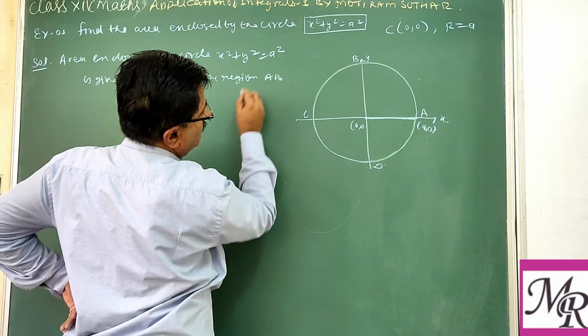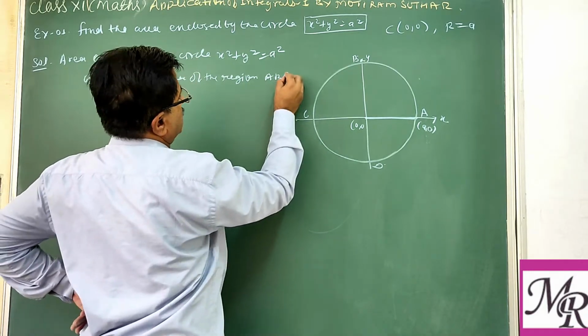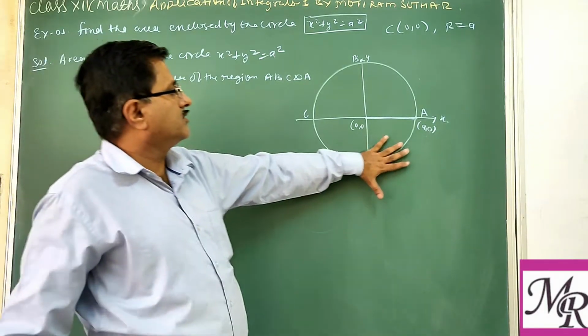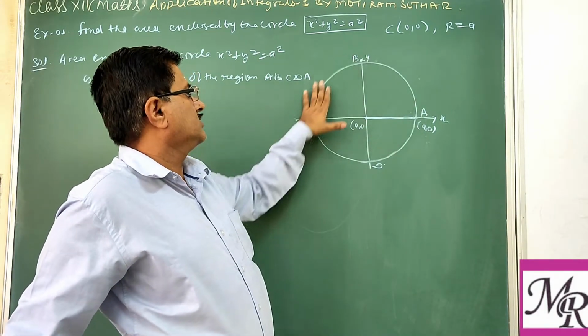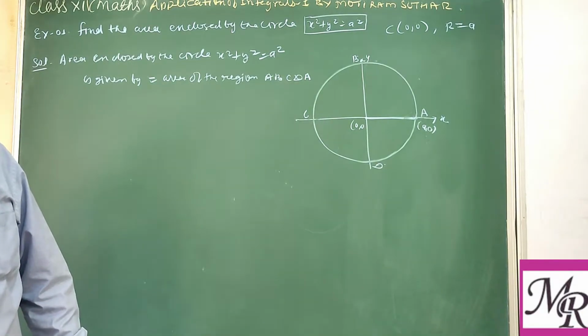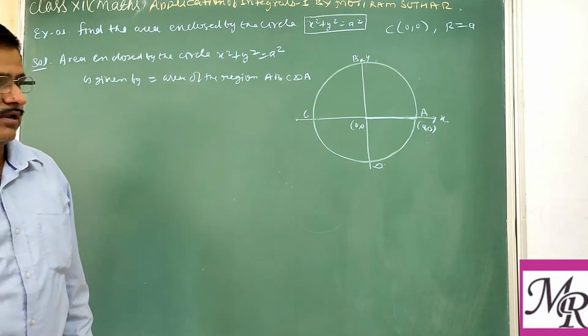A, B, C, D, A. This whole region, the area of this whole region ABCD, that is the area enclosed by the circle.